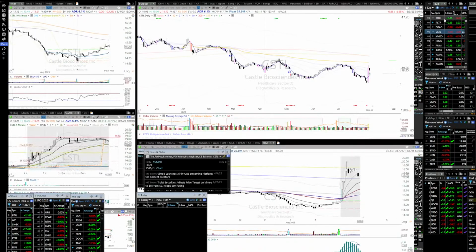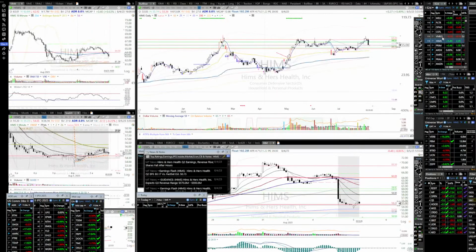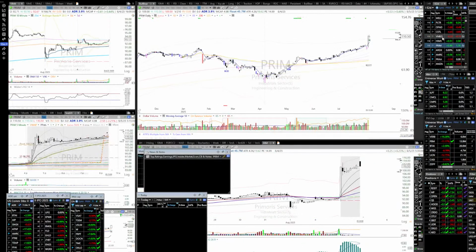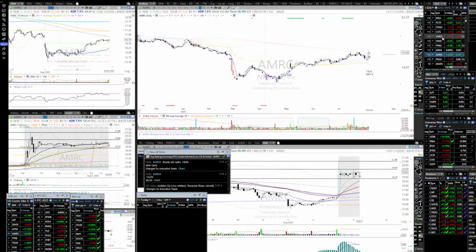Oh yeah, castle. Let's move those to triple. I also moved it in TradingView. Oh yeah, I forgot this one.